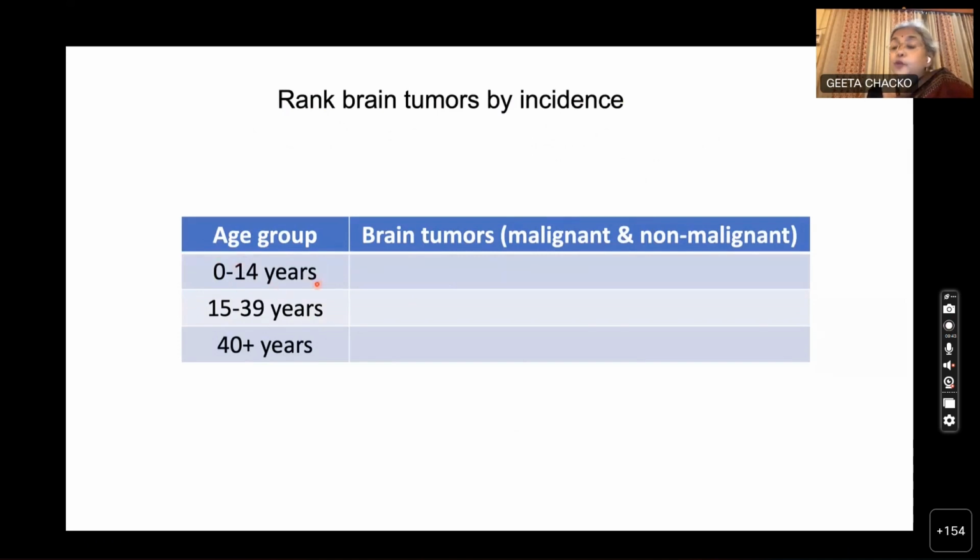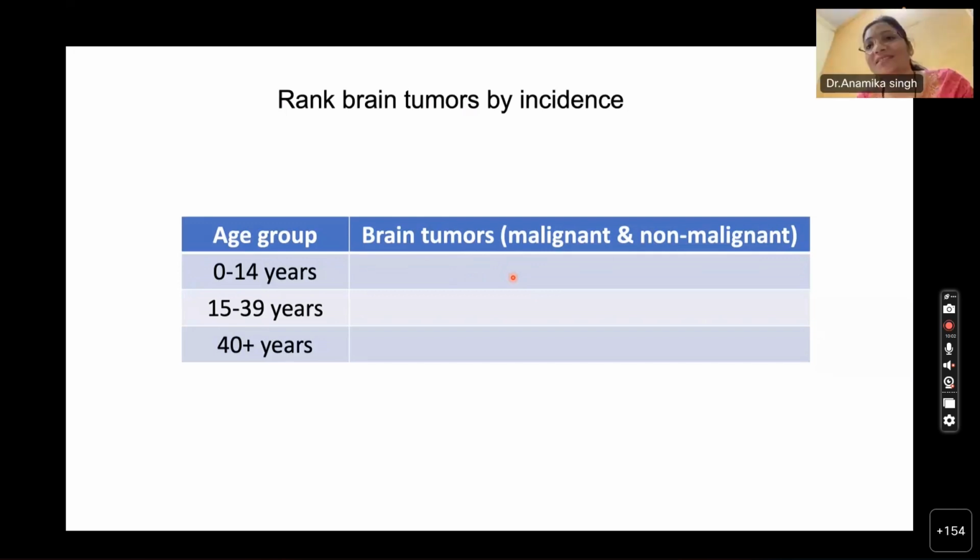So in the 0 to 14-year age group, Anamika, how frequent do you think brain tumors are in children? Are they rare? Are they frequent? Just say something, doesn't matter.